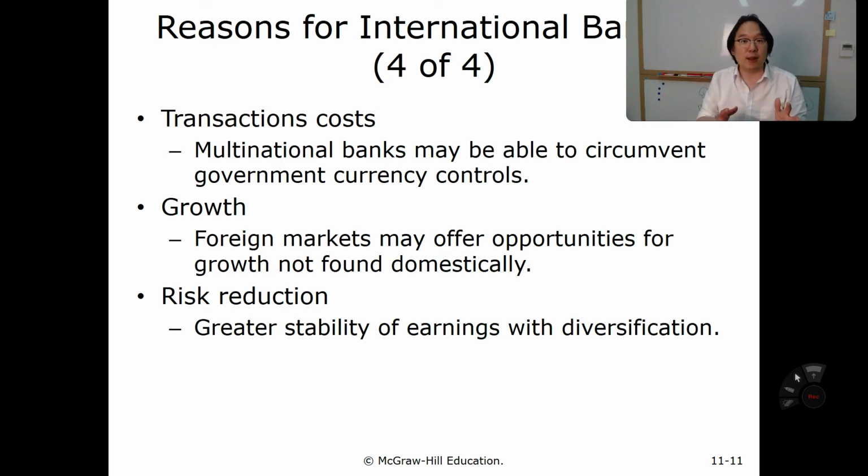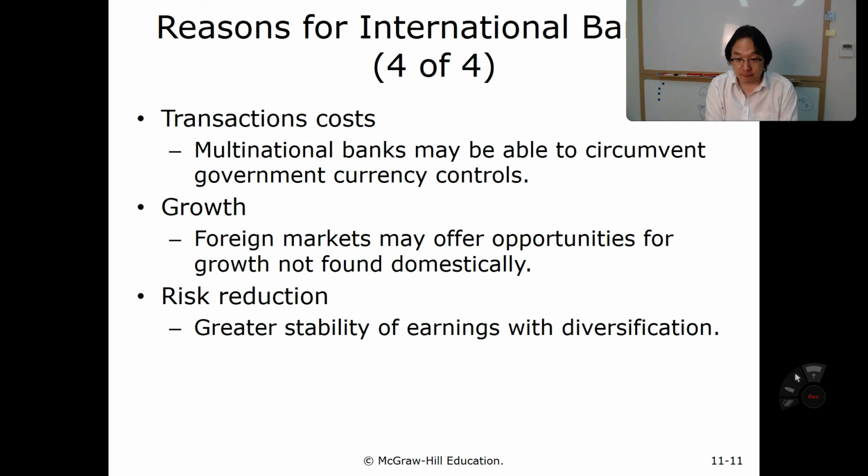US banks having subsidiaries in London, there you do investment banking business, even though your home institution is a depository bank, or commercial bank, having an investment bank subsidiary outside in London, to circumvent the US regulation. So regulatory circumvention, you can try it.